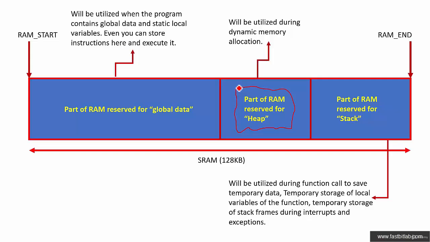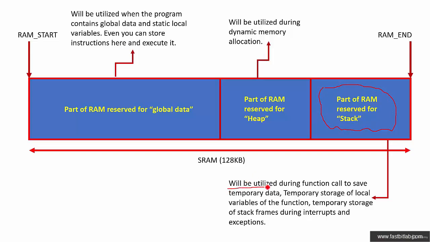If you are not using the standard library dynamic memory allocation APIs, then you can write your own dynamic memory allocation APIs, in such a way that they reserve the memory from this part of the RAM. That's for dynamic memory allocation. This section or part of the RAM can be used for stack.